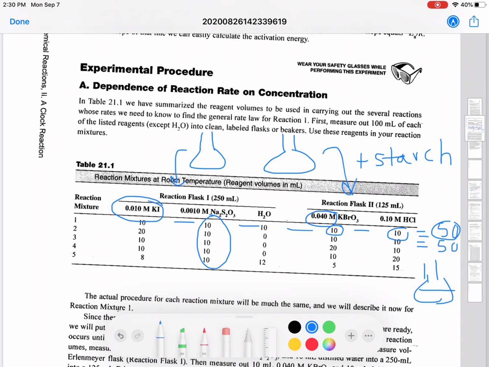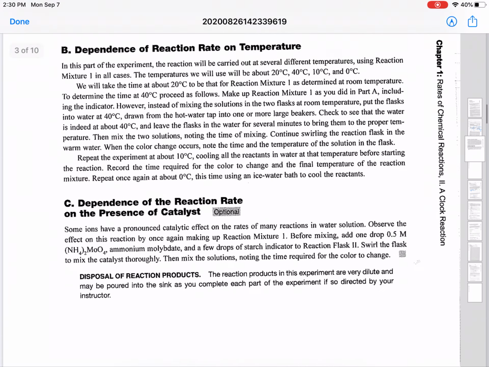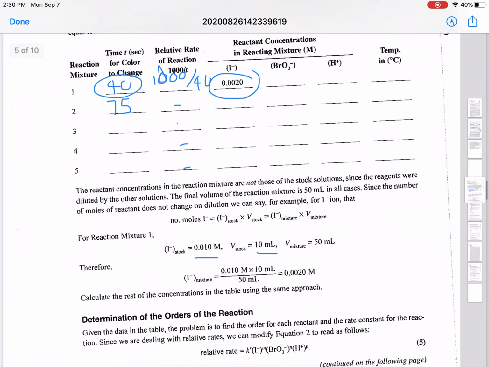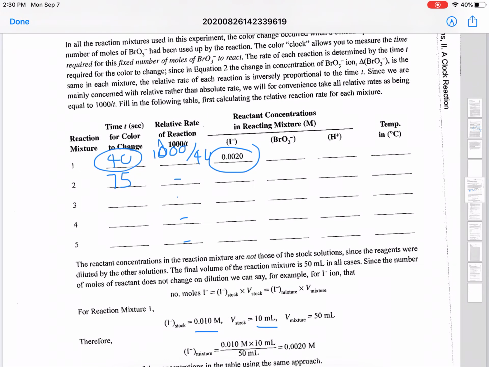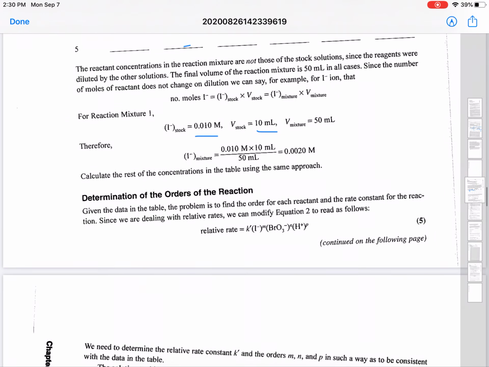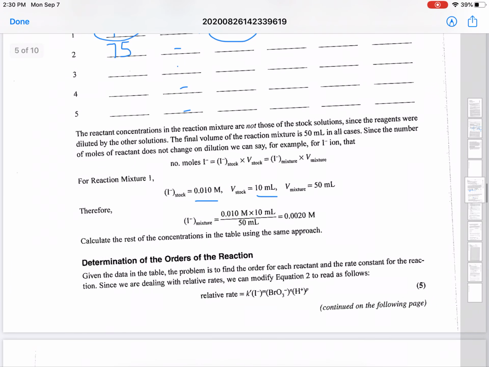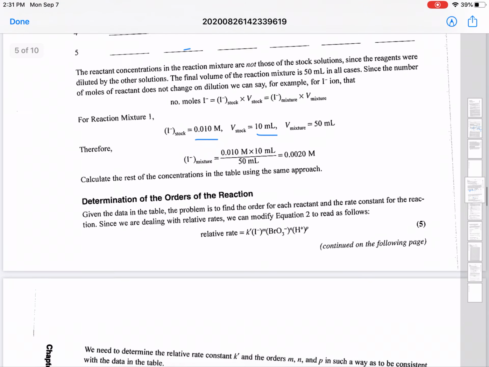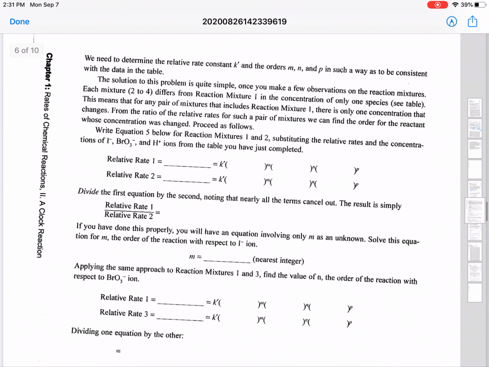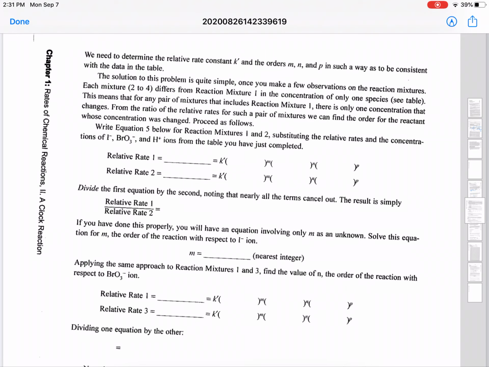Similarly, you need to find the concentration of hydrochloric acid in your 50 milliliter sample. That's for reaction mixture 1. And for the second reaction mixture also, depending on the volume you take, you have to calculate. So likewise, you can go ahead and complete this reaction table. You need this for your post-lab calculations, and for your pre-lab assignment also, you're going to be using similar calculations. Okay. So once you get these data, then we can process them to find the orders of the reaction.